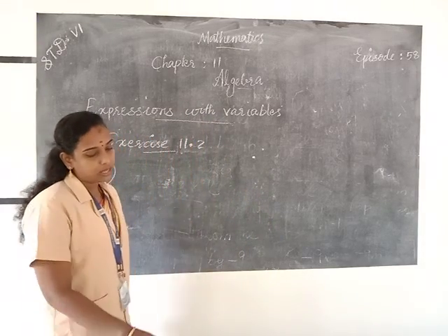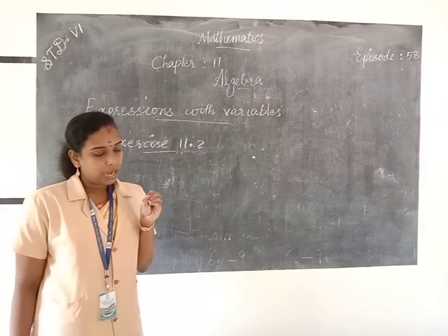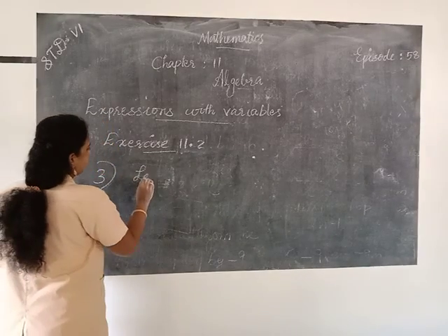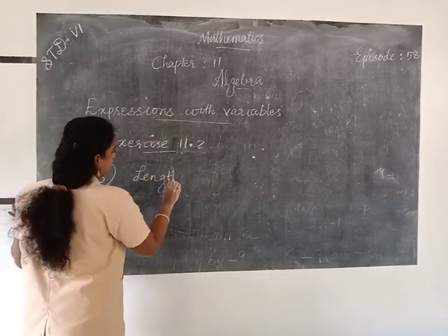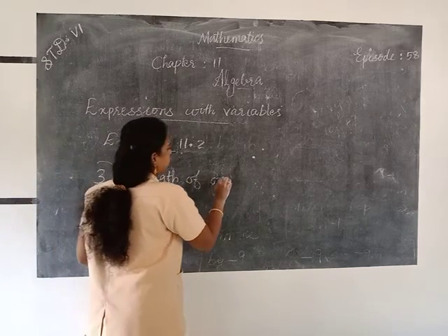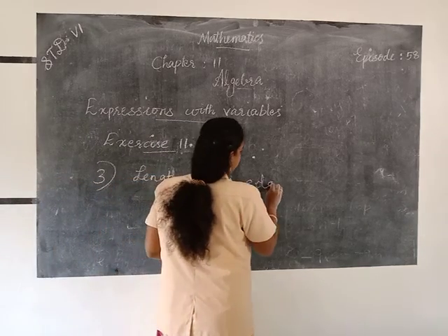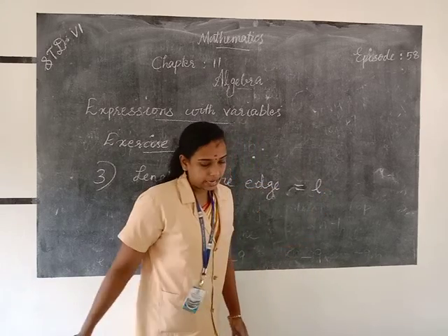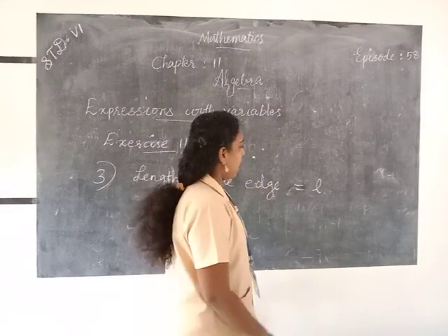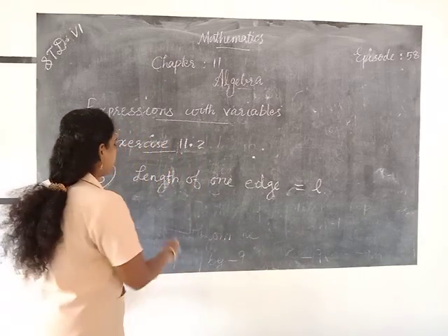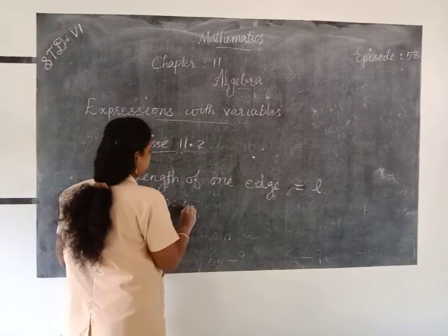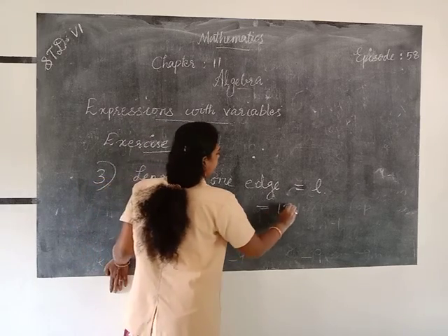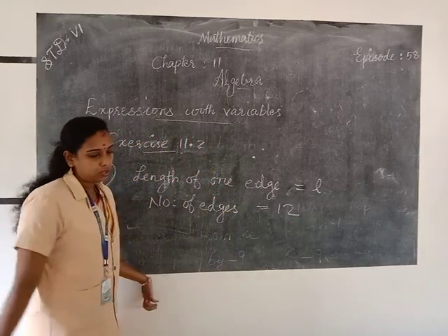Here L is the length of each edge of the cube. So the first step: the length of one edge is equal to L, and the number of edges, there are 12 edges in a cube, so the number of edges is equal to 12.